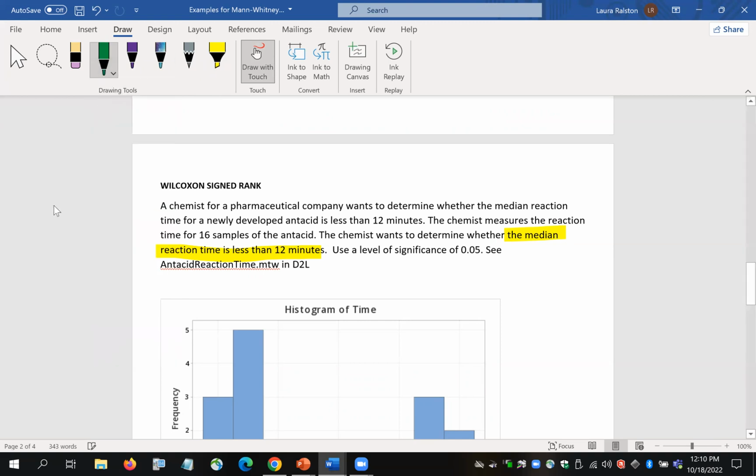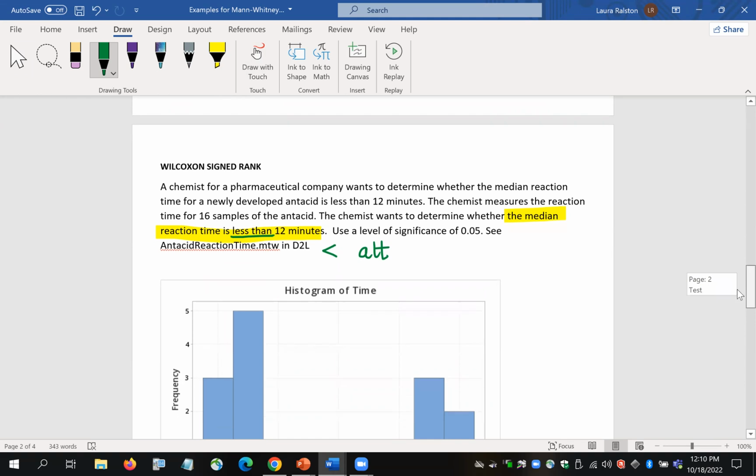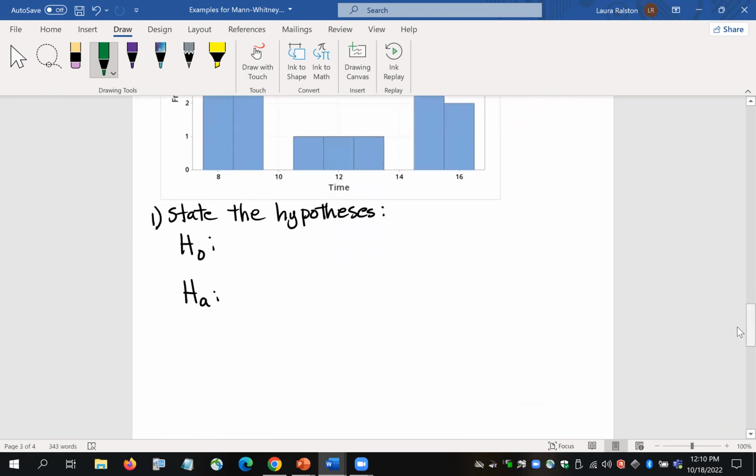So I see that word less than, which hopefully makes you think of the mathematical symbol less than, which means this is my alternative hypothesis. So I would have the median difference is less than 12. The median difference is greater than or equal to 12 would be the null hypothesis, because it has to contain equal.